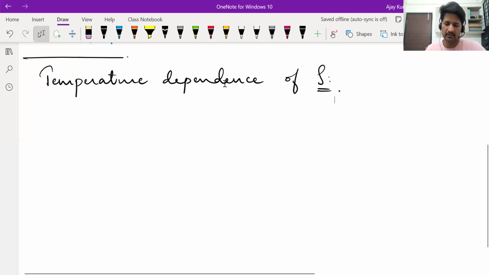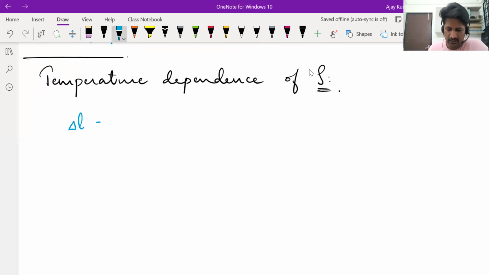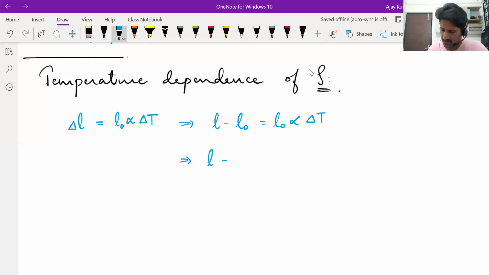If you remember linear expansion from 11th class physics, heat and thermodynamics, delta L is equal to L naught into alpha into delta T, where L naught is the original length and alpha is the coefficient of linear expansion, and delta T is the temperature change. Or L minus L naught is equal to L naught alpha delta T. Final length is L naught into 1 plus alpha delta T.